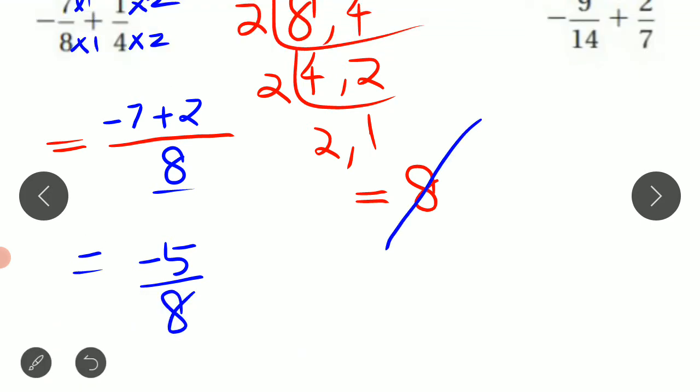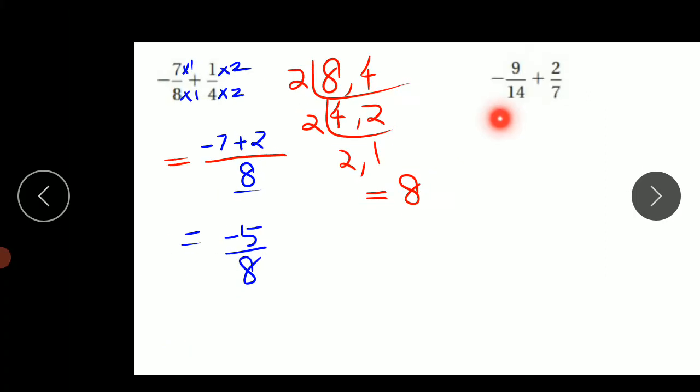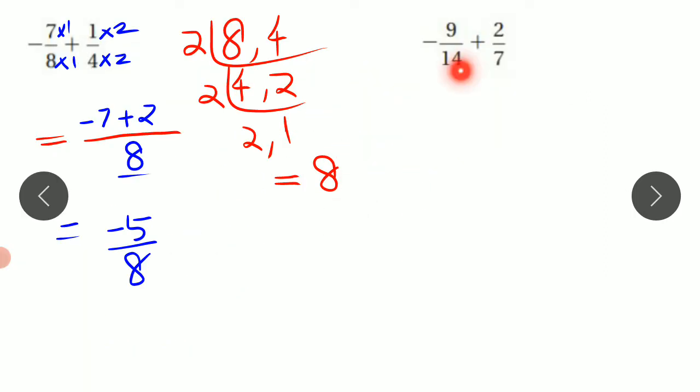So next question, let's go to the next question. Again, we are going to add the rational numbers. If you are going to add 2 or 3 or more, same procedure. Check whether the denominators of the rational numbers are the same or not. If same, we will be simplifying the numerators directly.